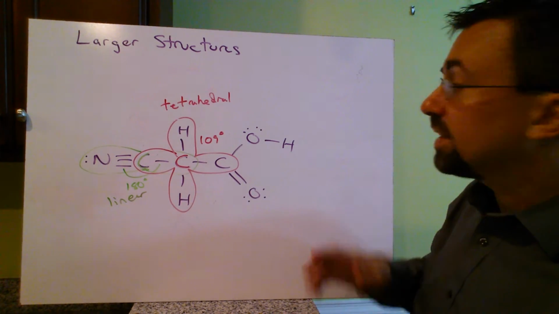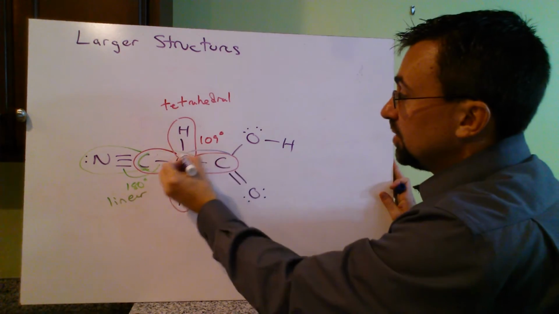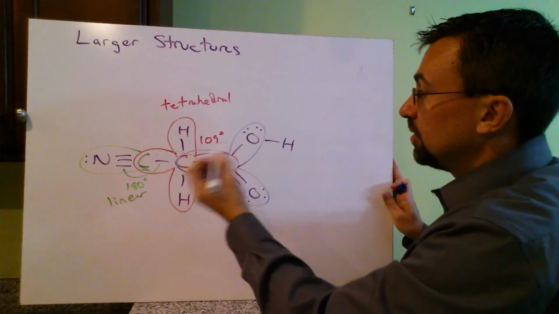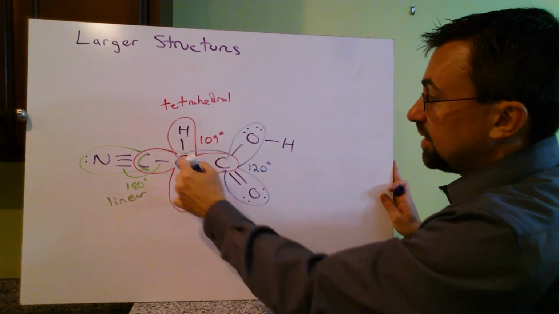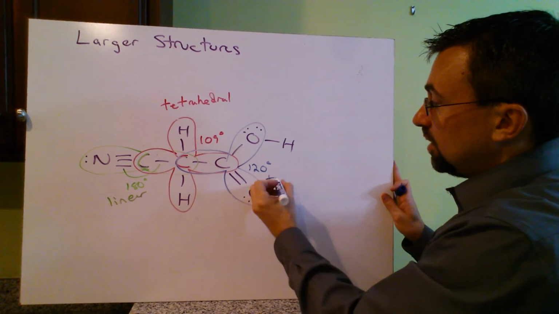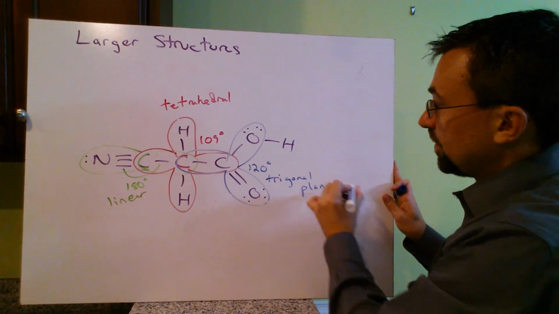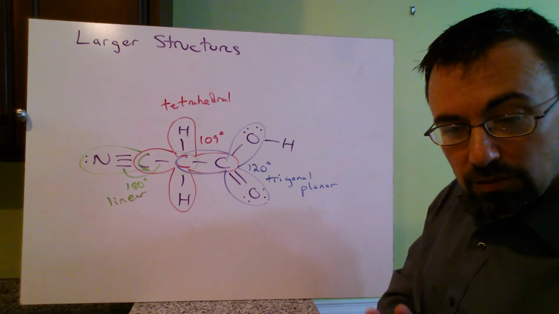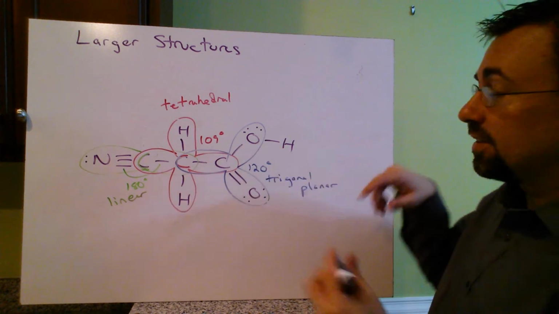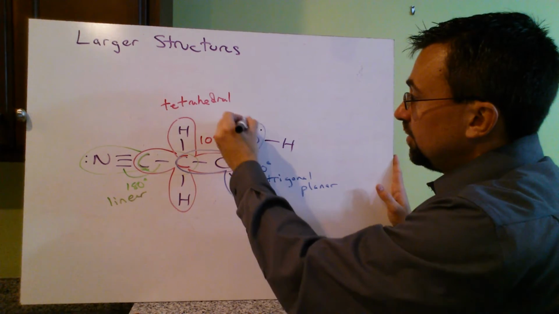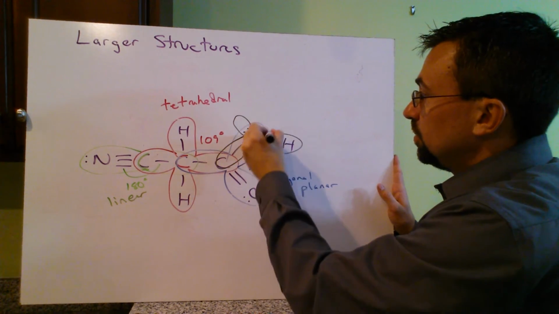So again, you just break this down piece by piece. If we did this carbon, you'd have 1, 2, 3 loops, 120 degrees. It's atom, atom, atom. So this would be our base structure, which is trigonal planar. If we are finally to the oxygen down here, our last interior atom, we go loop, loop, loop, loop.